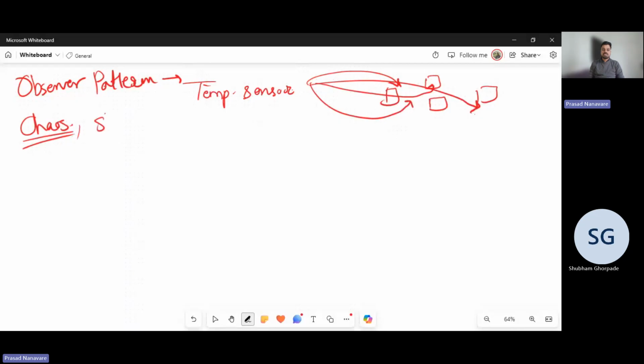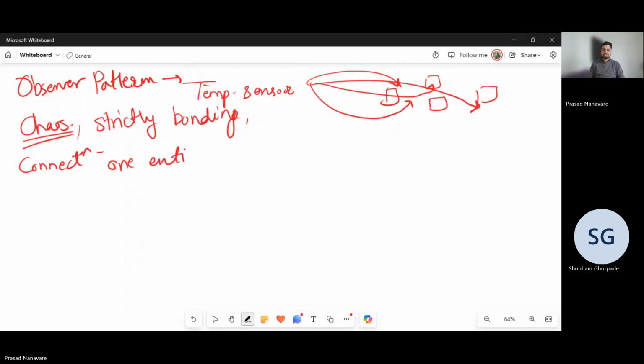There is strict bounding here, a connection from one entity to another for communication.